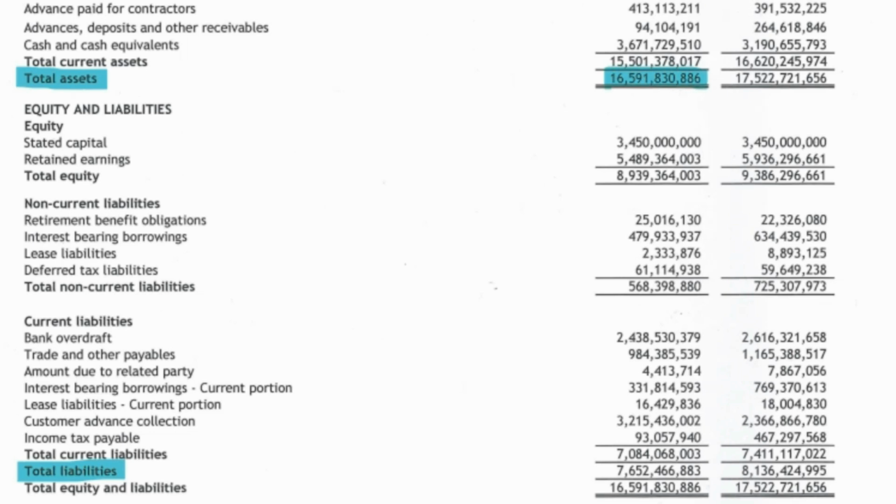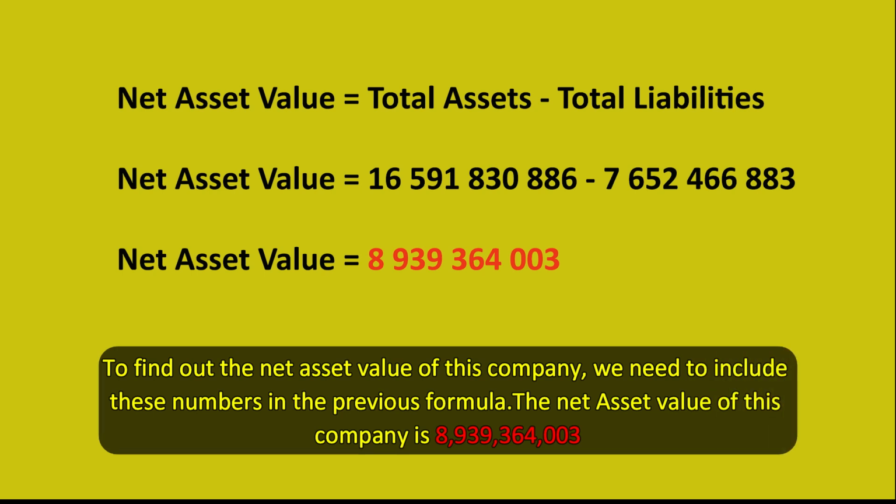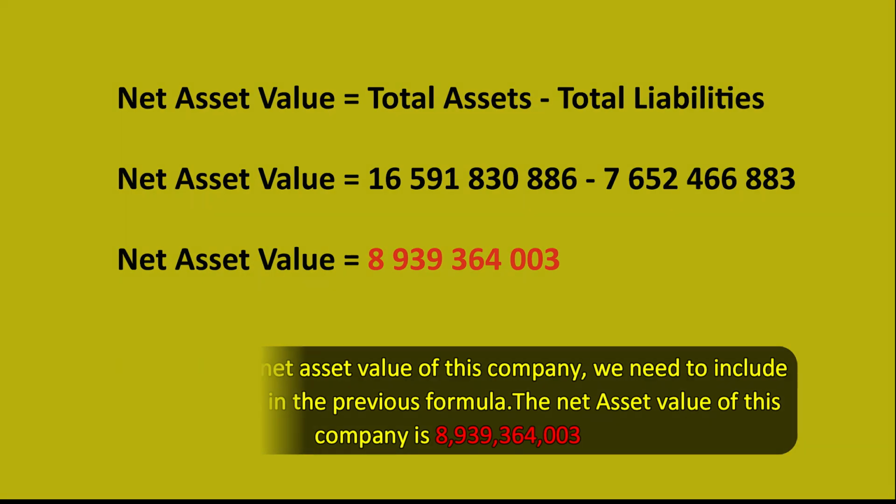This balance sheet shows the total value of what the company owns, assets, and what it owes, liabilities. To find out the net asset value of this company, we need to include these numbers in the previous formula. The net asset value of this company is $8,939,364,003.